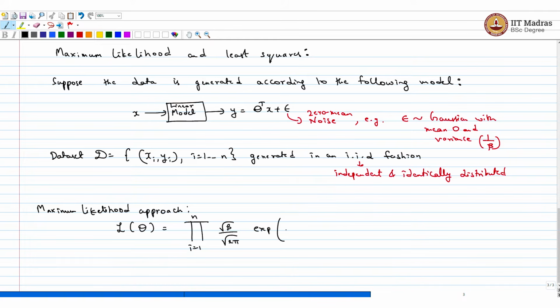These are Gaussian. So, I have exponential of minus beta by 2 times y i minus theta transpose x i whole squared. Now, why this function you will see later.